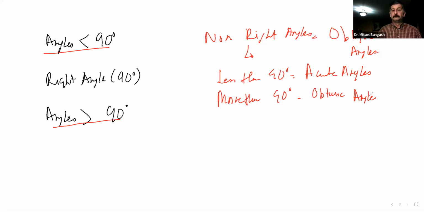You don't really need to worry much about acute and obtuse angles. The main thing you need to know is that any non-90 degree angle, non-right, non-orthogonal or non-perpendicular angle, is going to be called an oblique angle.